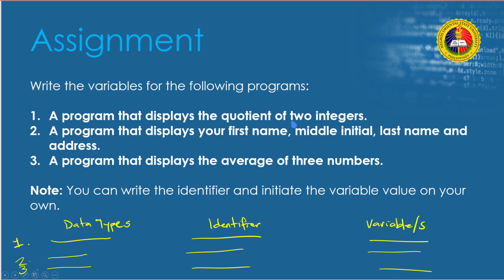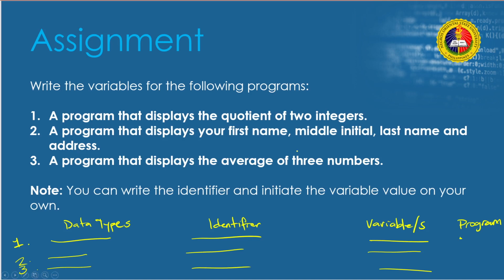You know what? I think you should create a program as well. Additionally, there will be four answers each time: the data type, identifier, variable, and then the program itself. So you're going to create a program that will display the quotient of two integers.